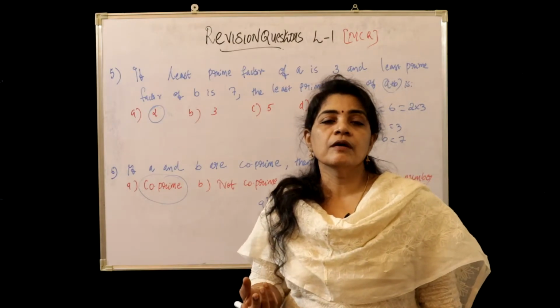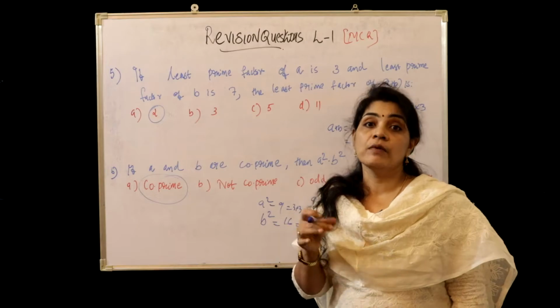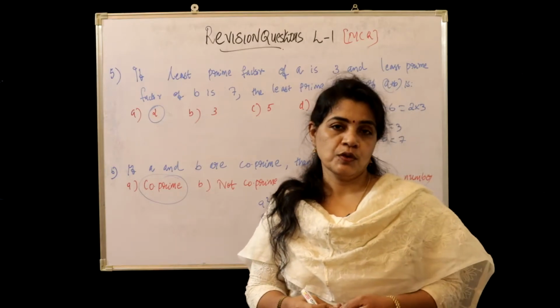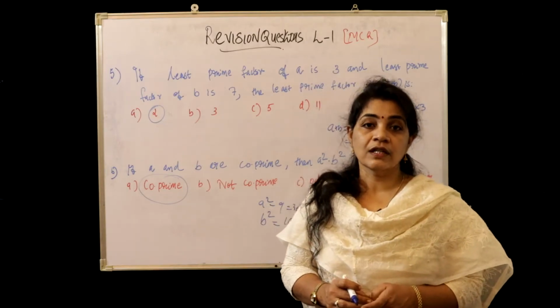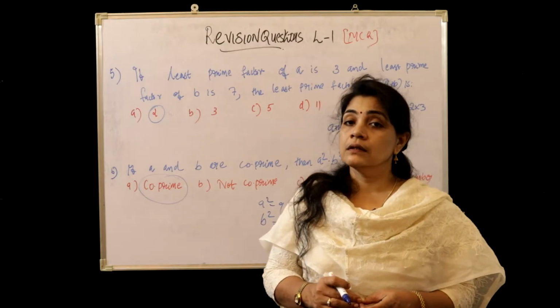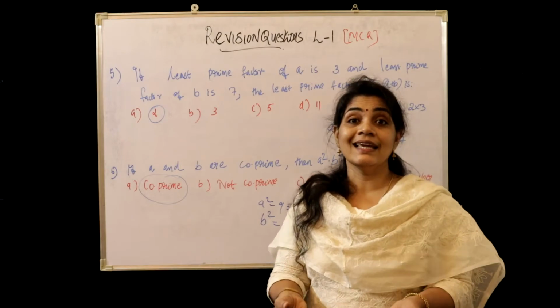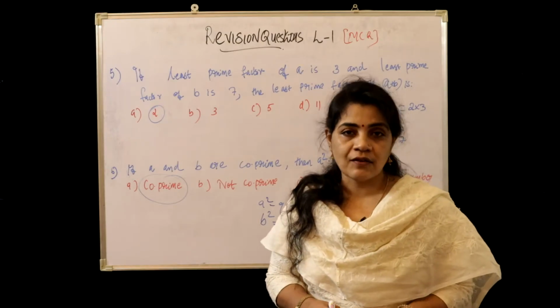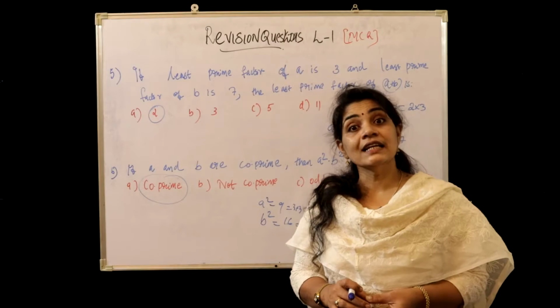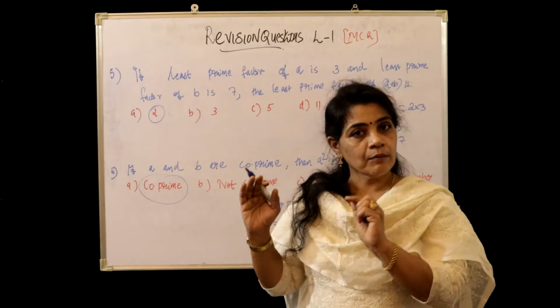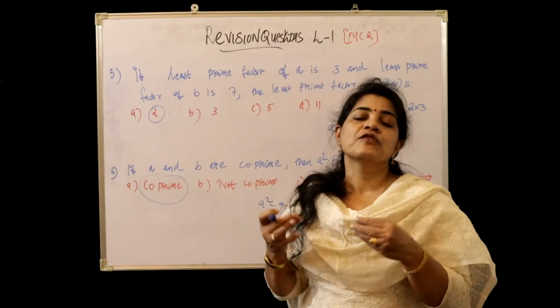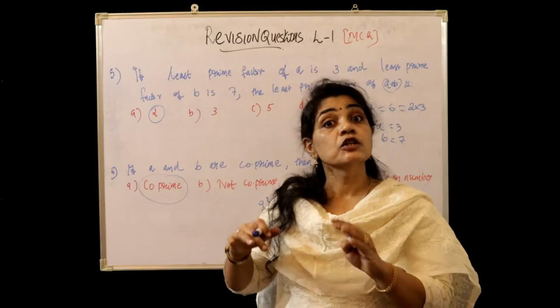For twin prime numbers, the selected numbers must be prime numbers whose difference is 2. Two conditions should be satisfied: the numbers must be prime and their difference must be 2, that is 3 and 5, 5 and 7, 17 and 19. Such numbers are said to be twin prime numbers.